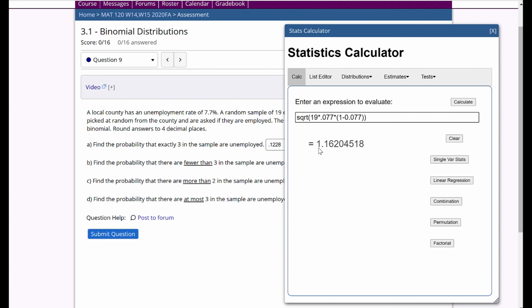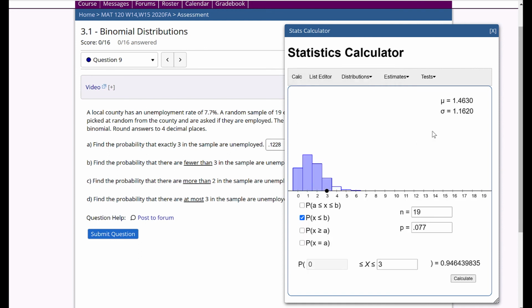Either way, we get our standard deviation of 1.162. And if you'll notice in the binomial distribution, that's what it has here. So if you update the value of n, so if I change that and hit calculate, it'll automatically readjust the values of mu and sigma, the mean and standard deviation.